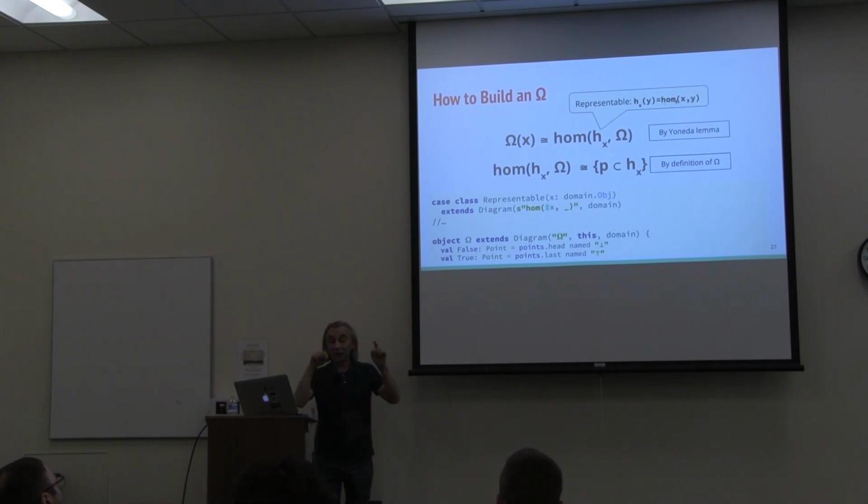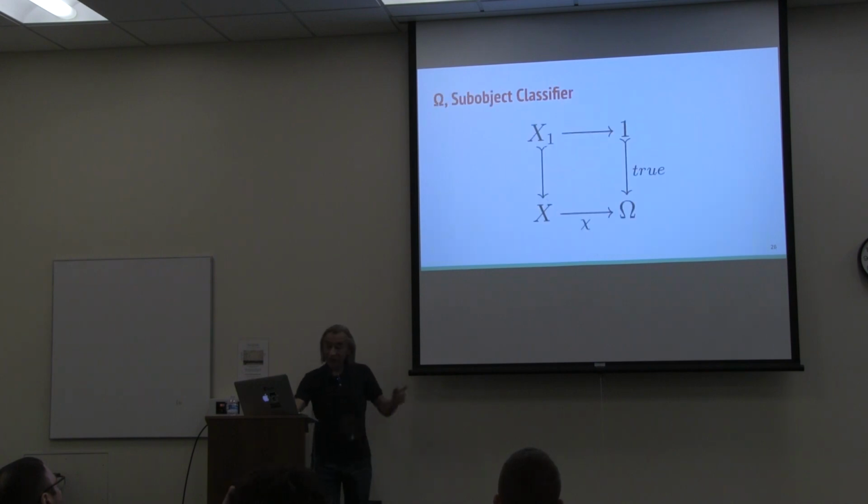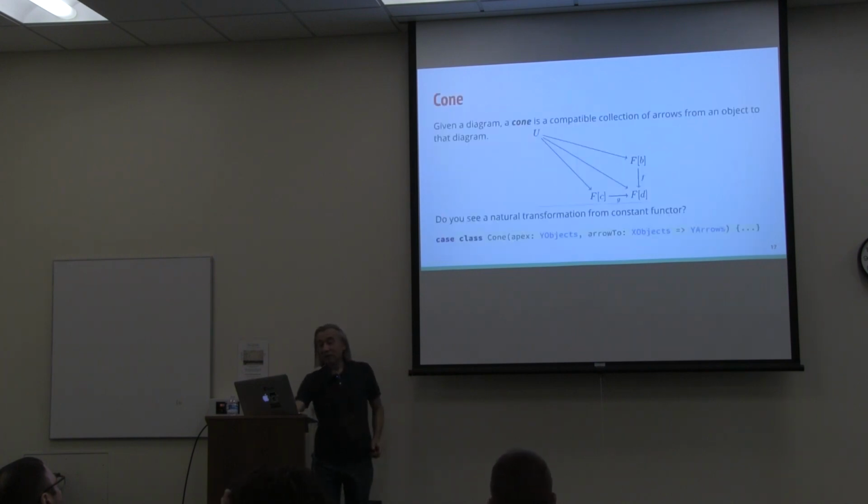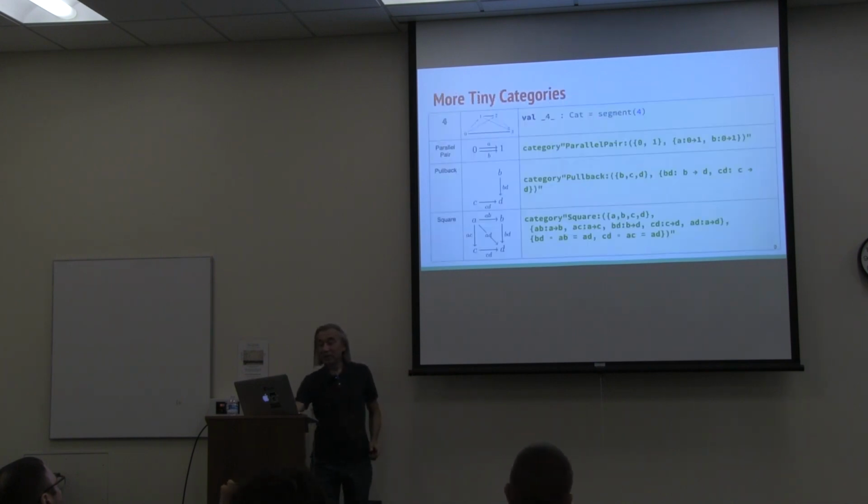We list all arrows from X to Y in that original category, like category C. So for instance, if we go back to this category, the representable on 0 is a functor, so we have to define the representable of 0 on 0 and 1.